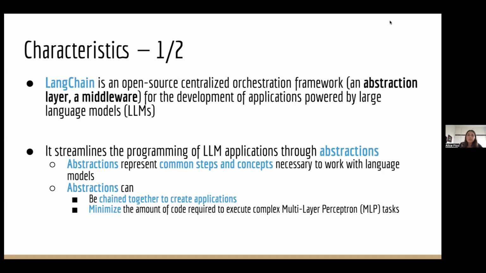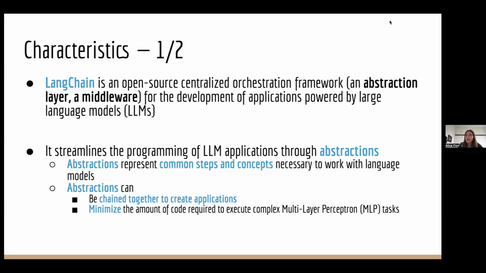So abstractions represent the common steps and concepts necessary to work with the language model, and so we can use them, change their position, and put them together to define a final workflow.